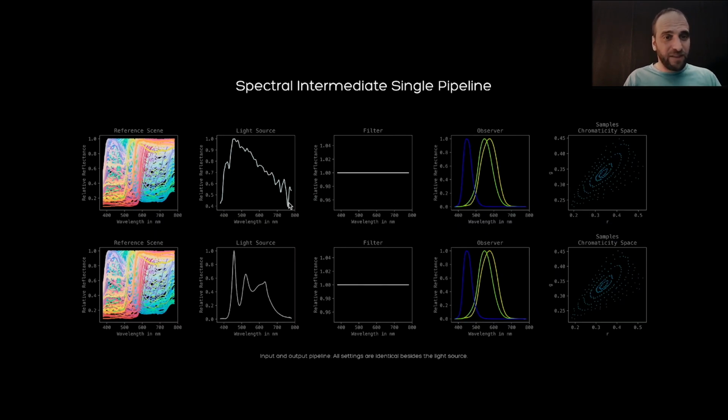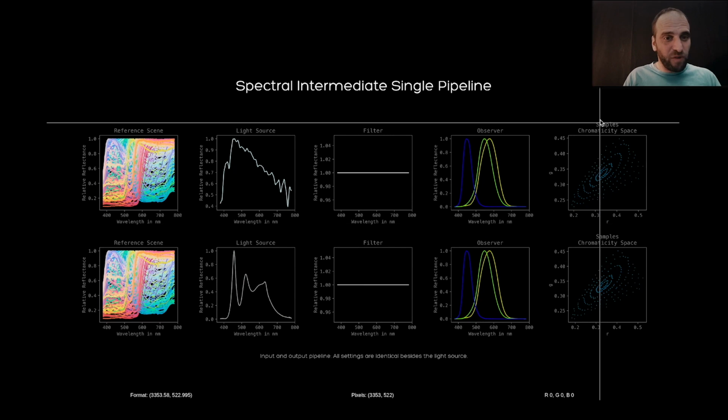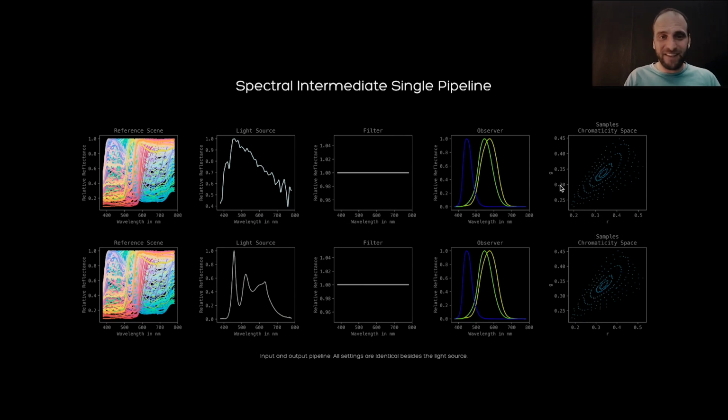Because we calculate two pipelines, we will have two sets of RGB tuples. If both pipelines were identical, both sets of RGB tuples would be identical too. The input pipeline should model as closely as possible the actual input of our data. The output pipeline describes the desired output.